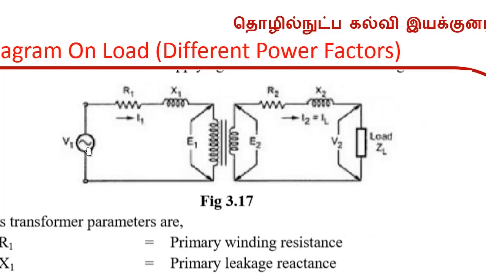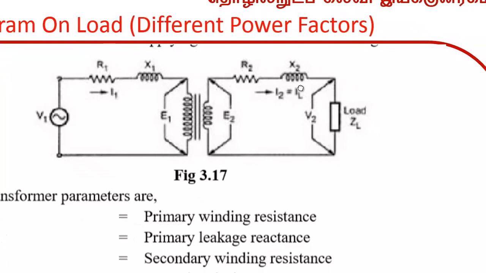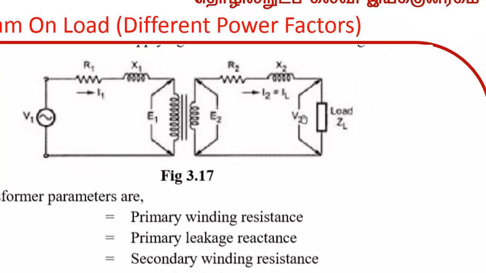So, this is V 1, R 1 is the primary resistance, X 1 is the primary inductance, E 1 as I said earlier is the induced EMF across the primary, E 2 is the induced EMF across the secondary, R 2 is the secondary resistance, X 2 the secondary inductance, V 2 is the terminal voltage across the load.